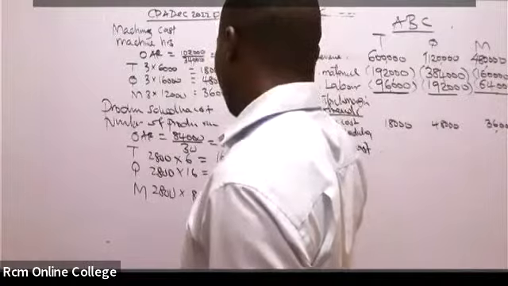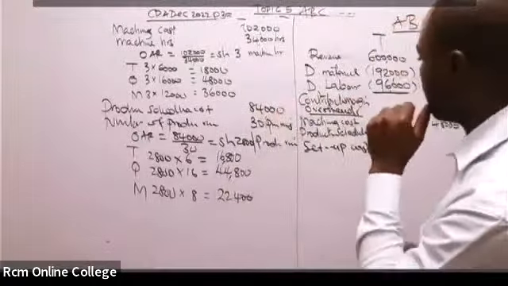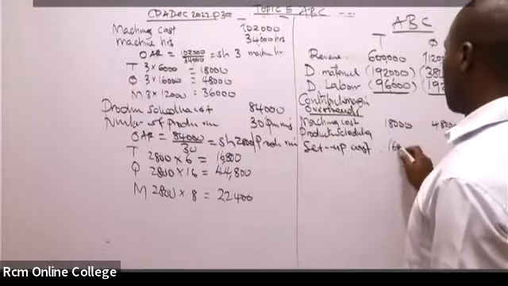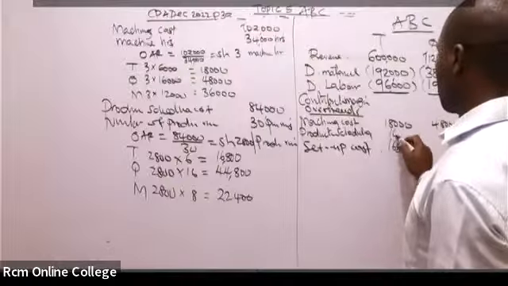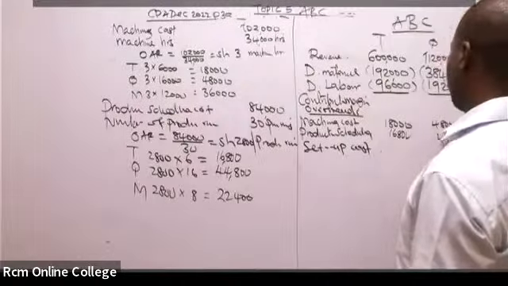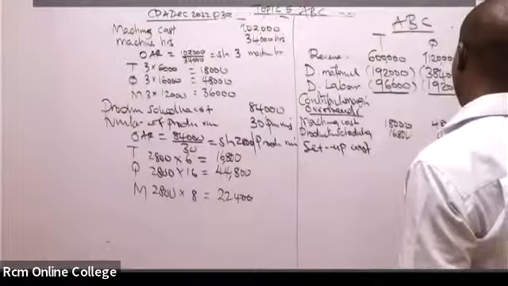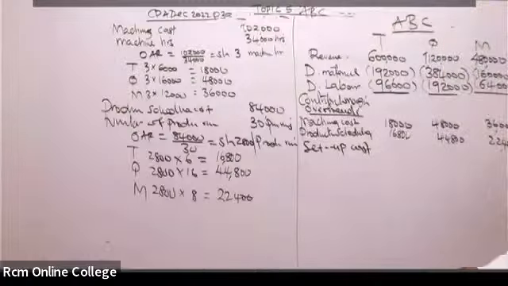If you add them back, you should be able to get the 84,000. So that is what we have.